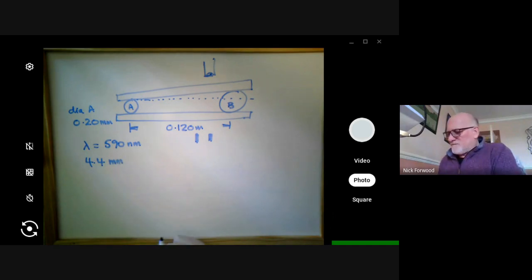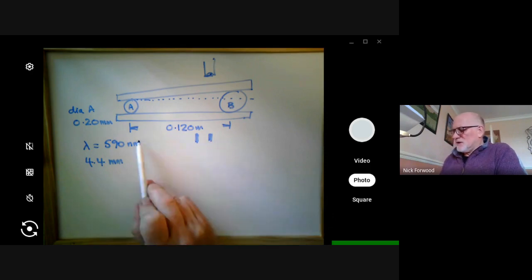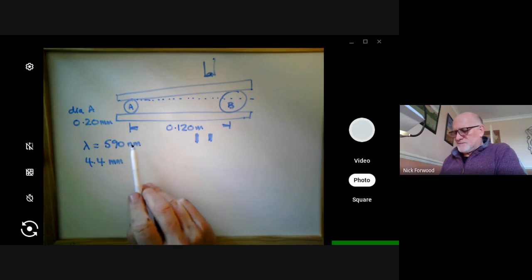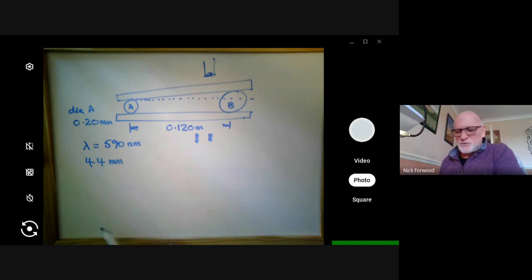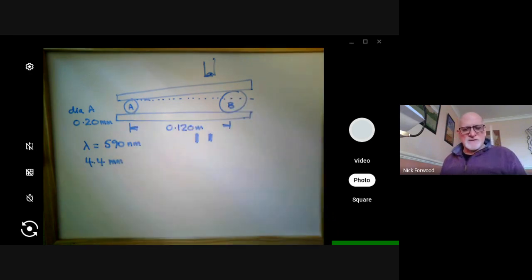Okay, now what in fact you do is you don't just measure two fringes. What you would in practice do is you'd measure perhaps 10 fringes and then divide by 10 to get the separation between any two adjacent fringes. And what we're going to do is calculate the difference between the thickness of that one and the thickness of that one.